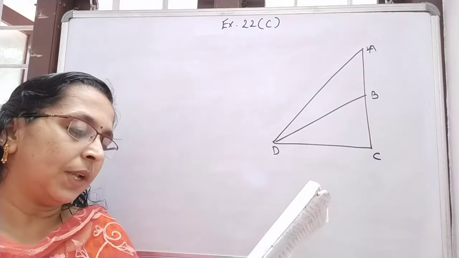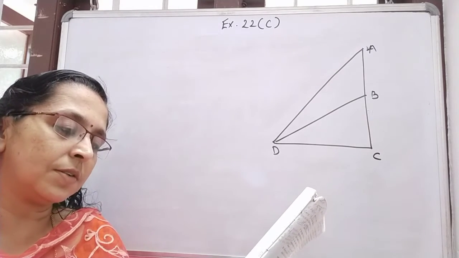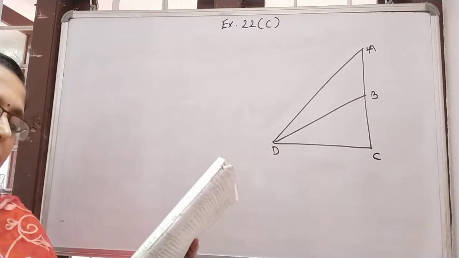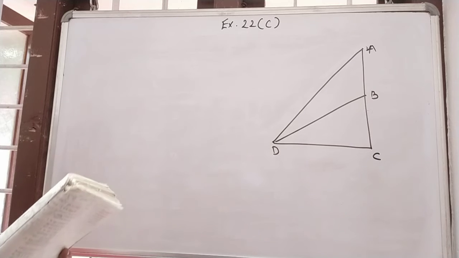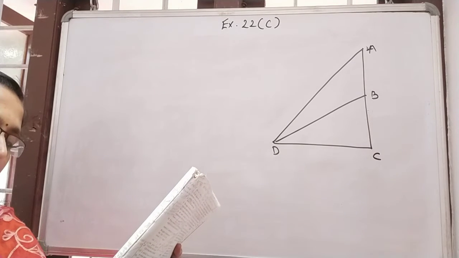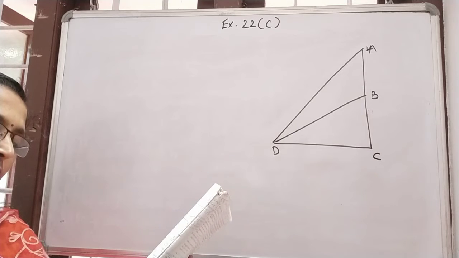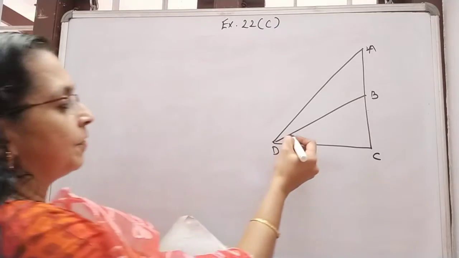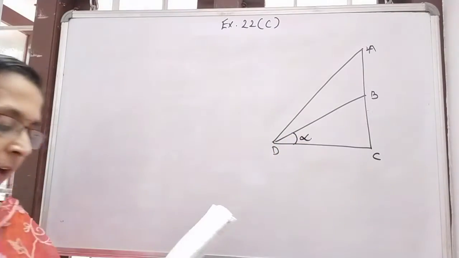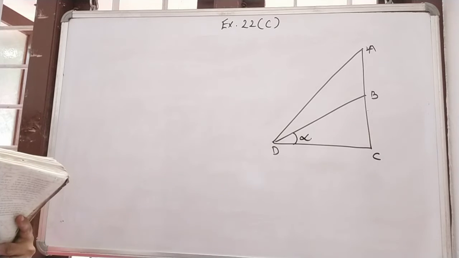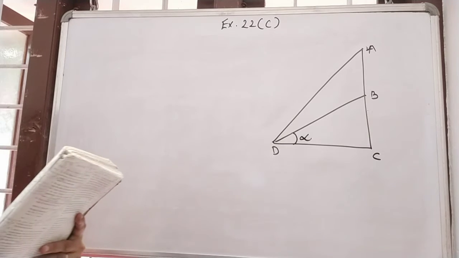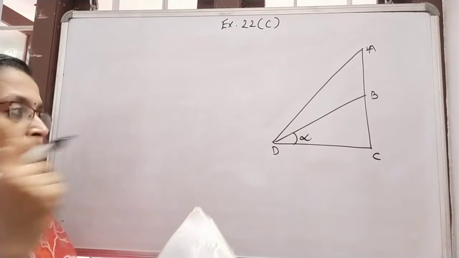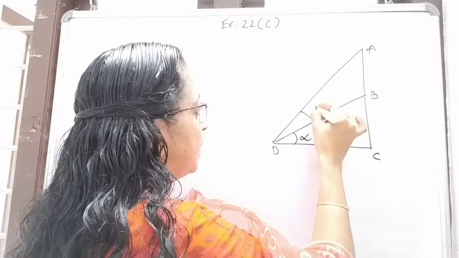Seventh question. A vertical tower stands on a horizontal plane and is surmounted by a vertical flagstaff of height h meter. At a point on the plane, the angle of elevation of the bottom of the flagstaff is alpha, and that of the top of the flagstaff is beta.